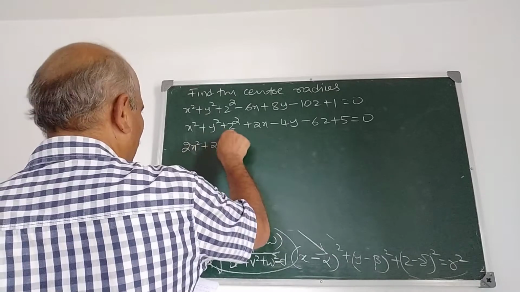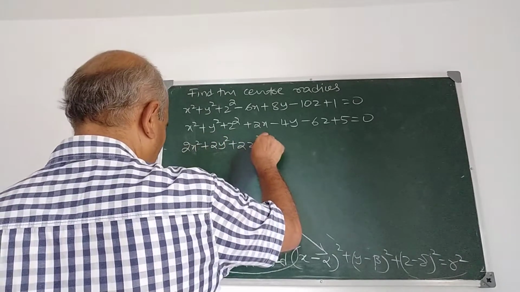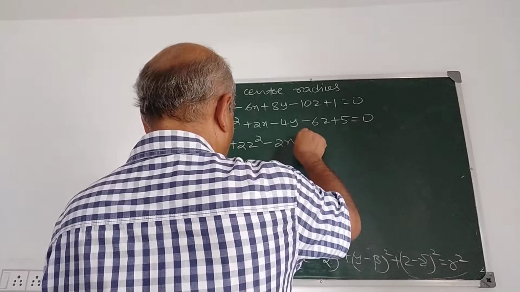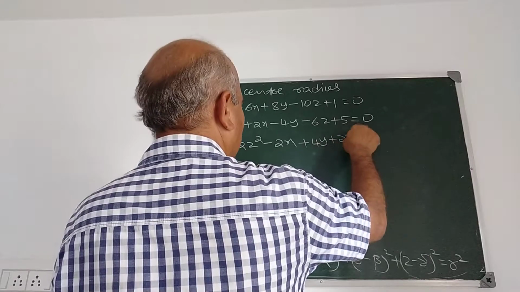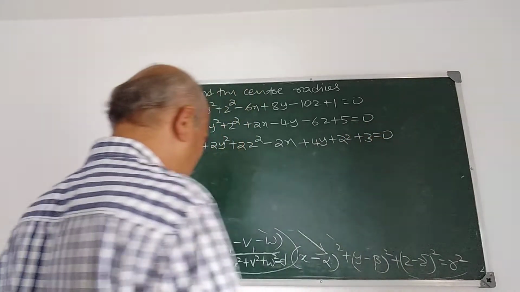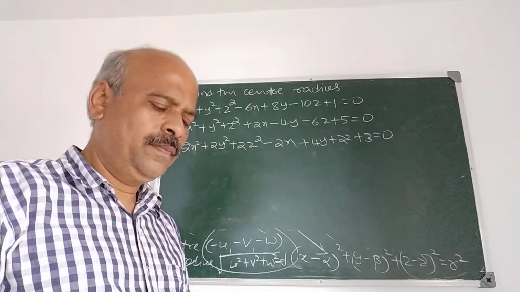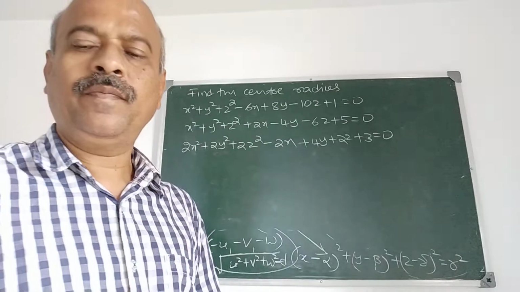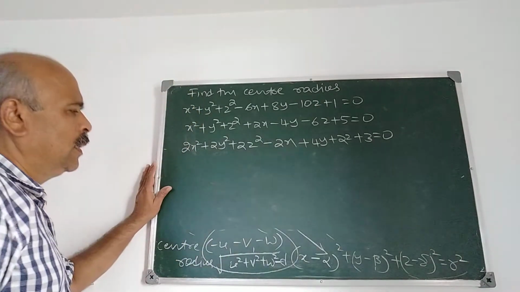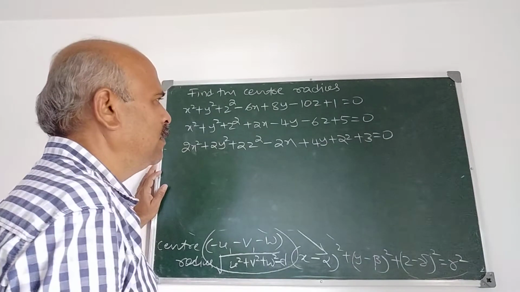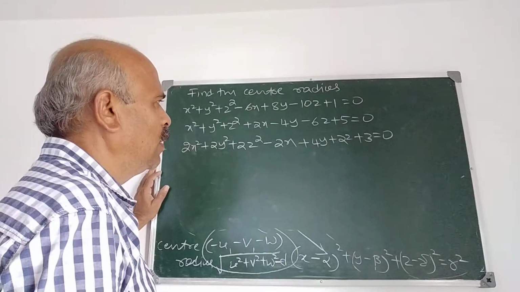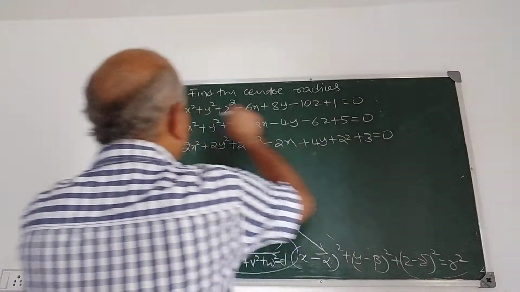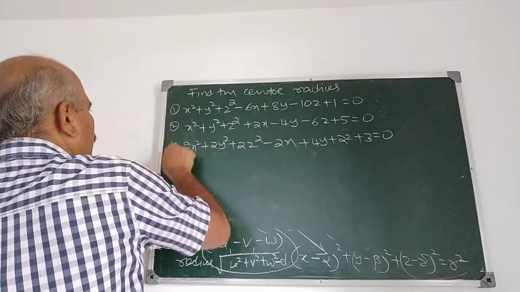Third, 2x square plus 2y square plus 2z square minus 2x plus 4y plus 2z plus 3 is equal to 0. See these problems. Find the center and radius, that is the problem. Take these as problem number 1, 2, 3.